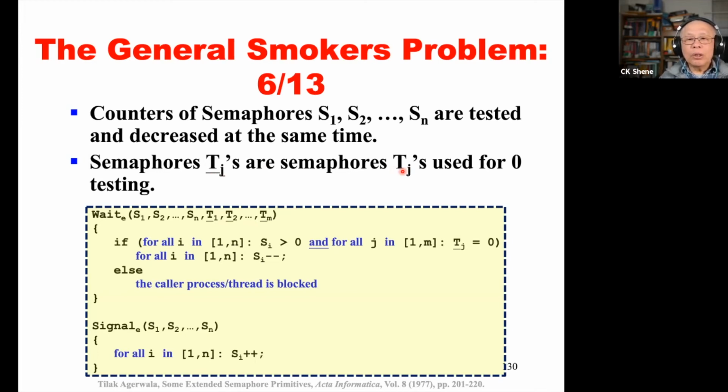So actually, we have 2 sets of semaphores here. One set for decrement, the other for testing. We use a notation to indicate the T set is for zero testing. Hope you understand that and don't get confused.